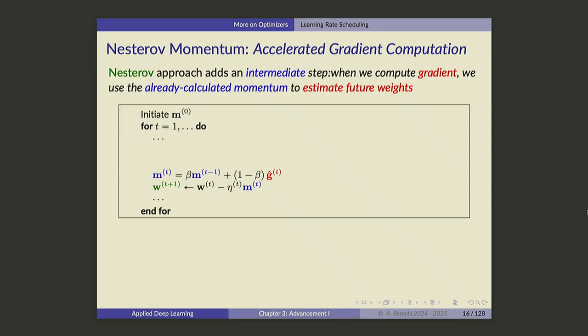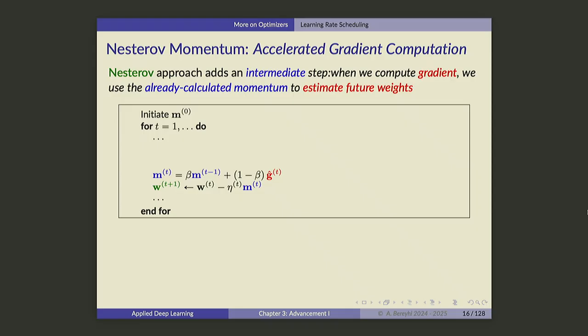Now, what is momentum at time t? That is beta times momentum at time t minus 1, plus 1 minus beta times some gradient at time t. I have not computed the gradient yet. But what I do know is that I have this particular point in between, which is w hat t.